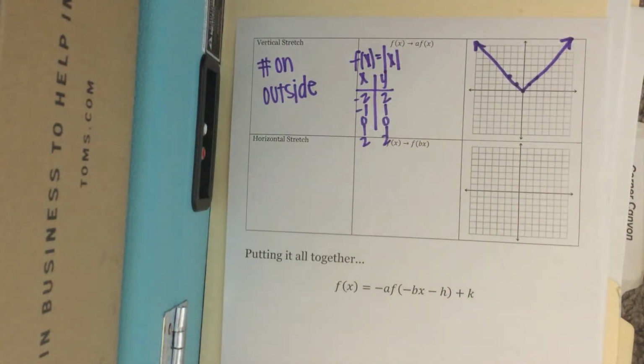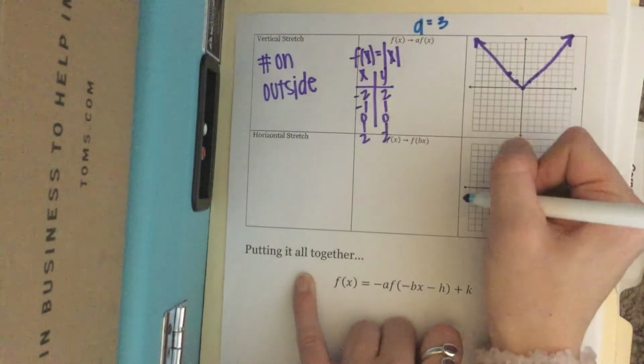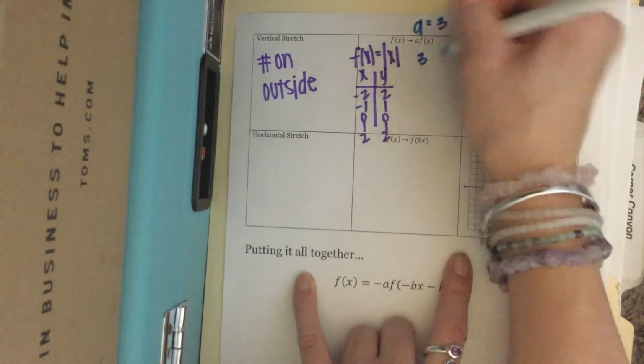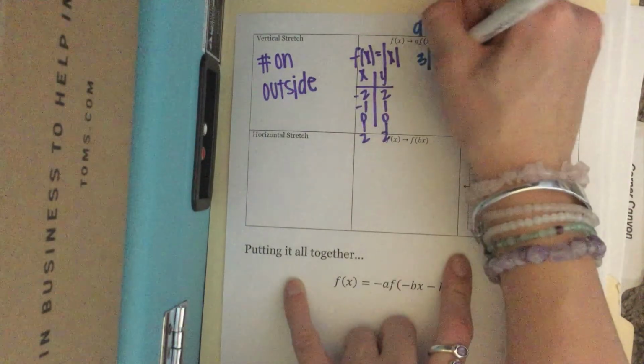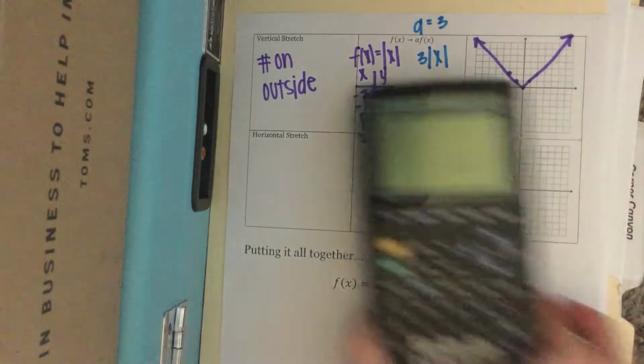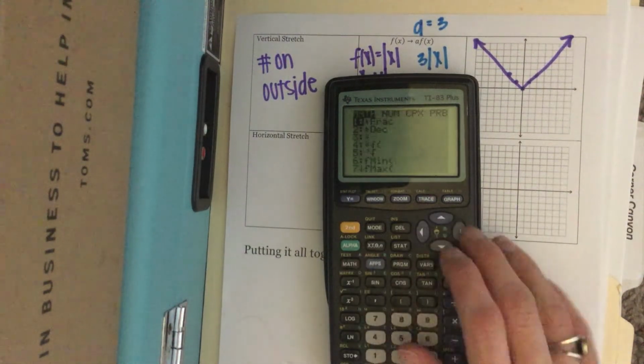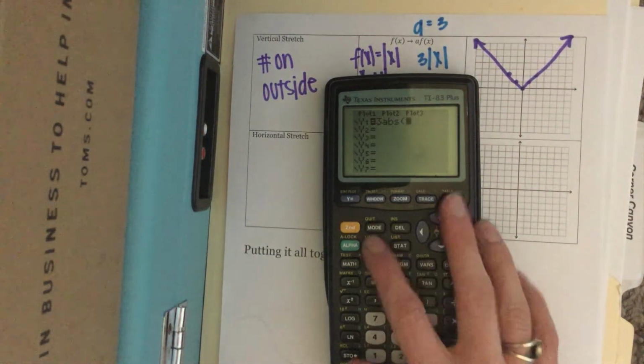Okay. Now, let's let a equal 3. So this is going to be 3 absolute value of x. I'm just going to let the calculator do this for us. So we're going to go here: 3, math, move to the side, and then x.